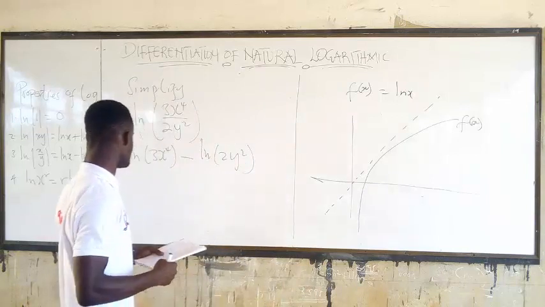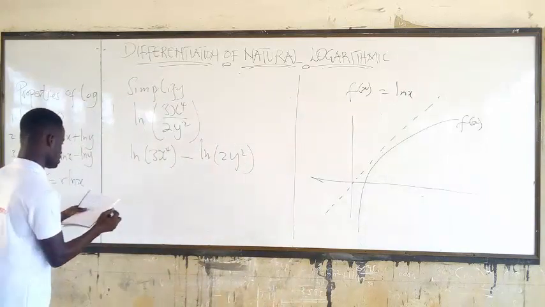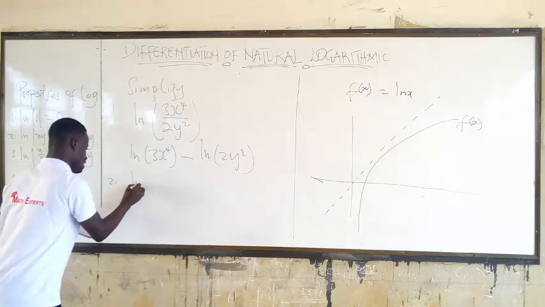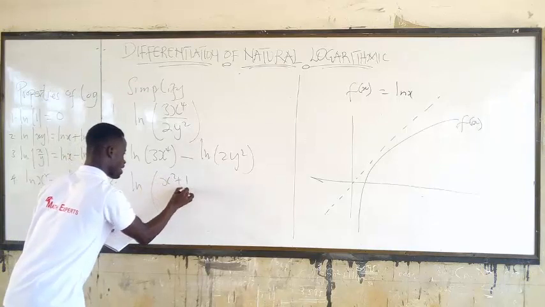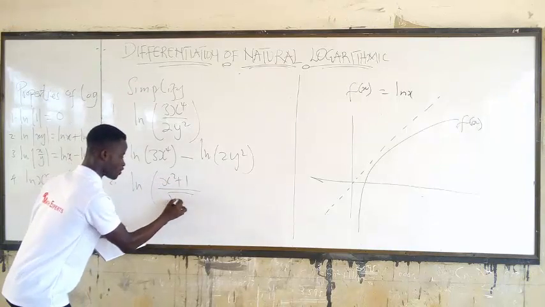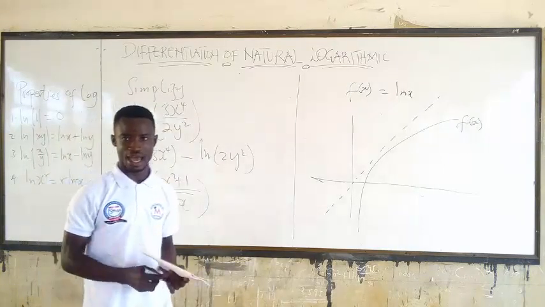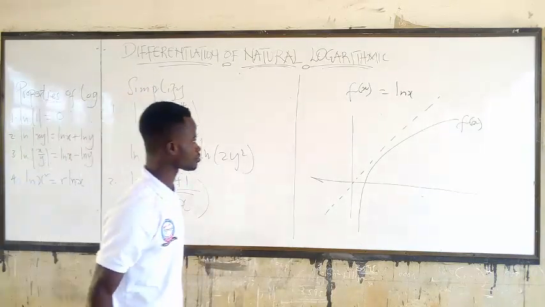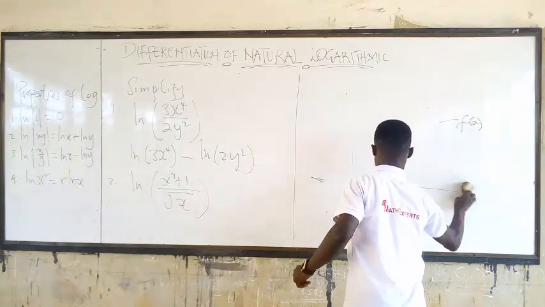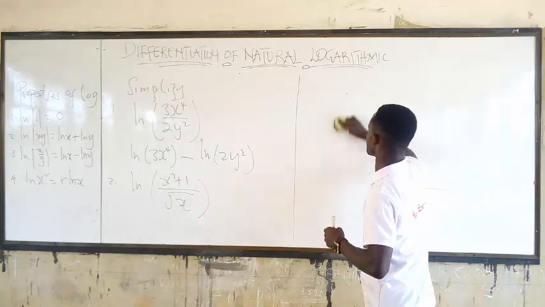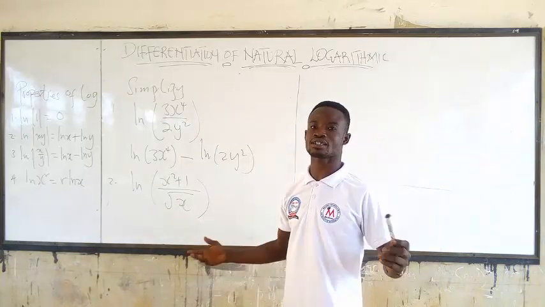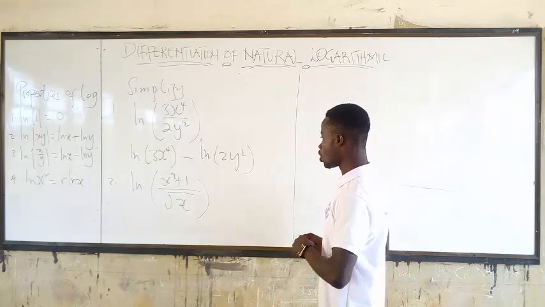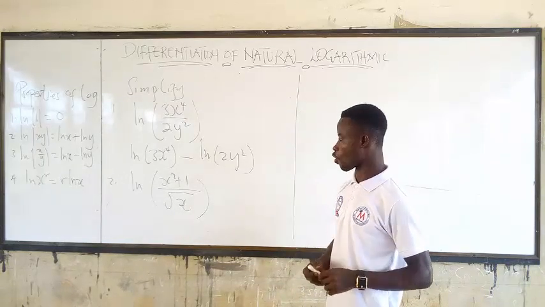Let's look at our second question. We are just getting through some small things fast. Okay, so ln of x squared plus 1, all over the square root of x. Having something like this, we can also see that this is in the quotient form.